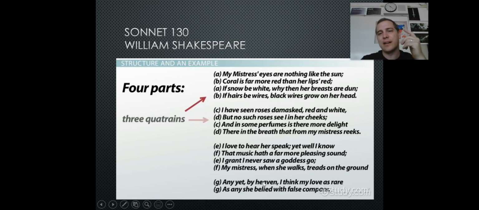But in the end, he switches it around, right? And he says, "Yet by heaven I think my love is rare as any she belied with false compare." And so this is something you typically see in a sonnet, where the sonnet kind of starts saying one thing, but then there's a shift. And at the end, it says something different, right?